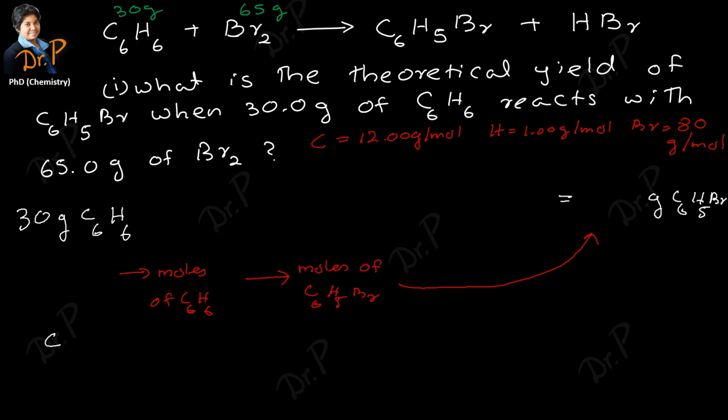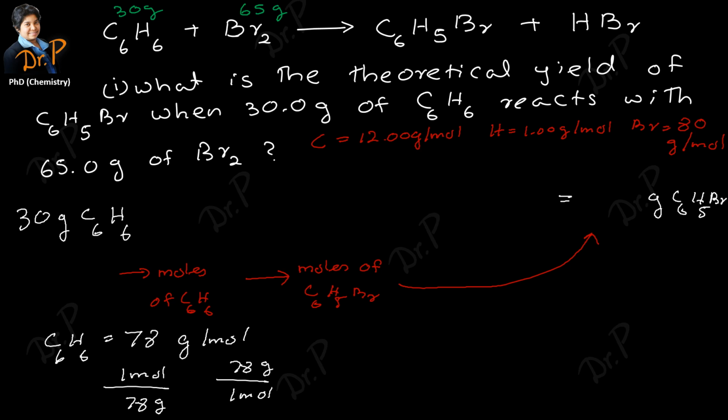Molar mass of C6H6 is 78 grams per mole, meaning you can use this as a conversion factor. 78 grams of benzene is 1 mole, or 1 mole is 78 grams. To get rid of this grams unit, I need to use this form of the conversion factor.